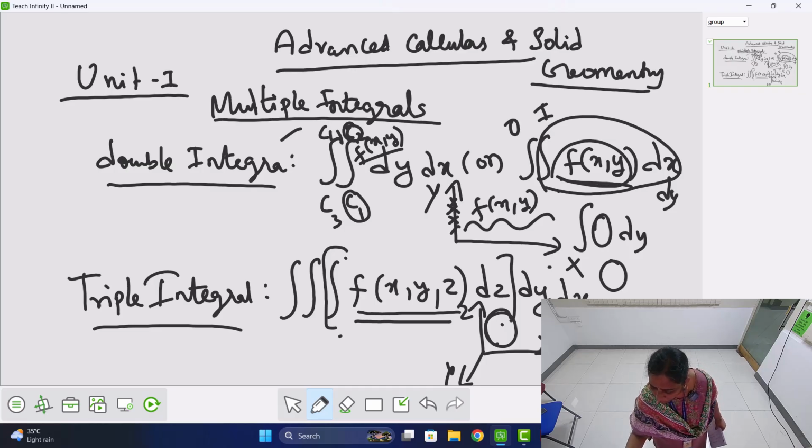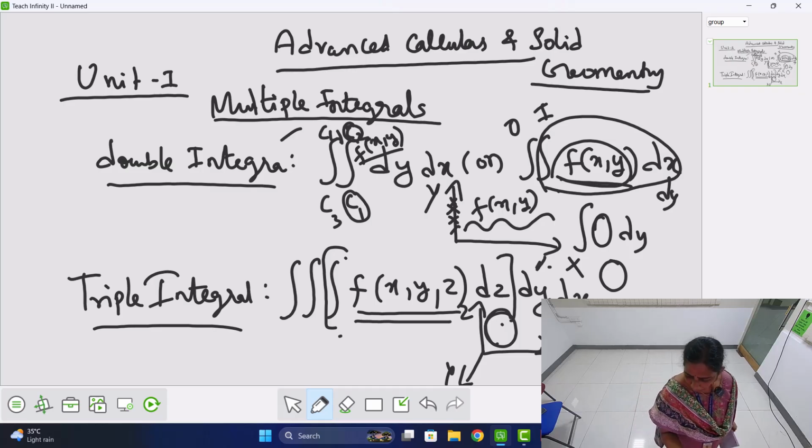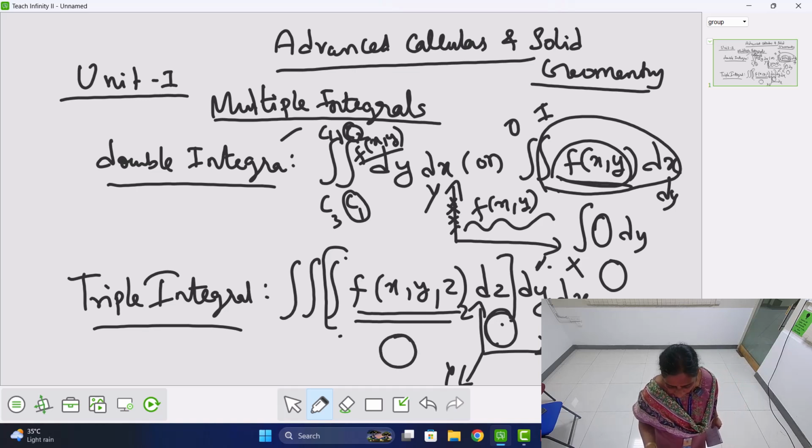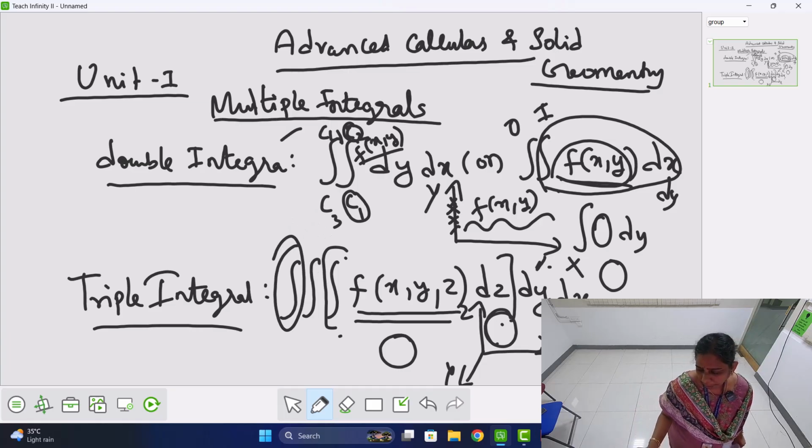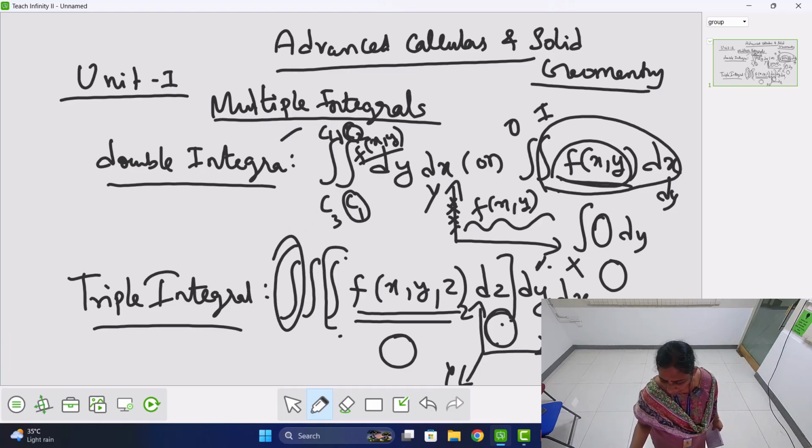Later we use the middlemost integral, with respect to y, and we get some function value. Finally, we integrate that function with respect to x, the outermost integral. So you will get the final volume of the whole sphere.